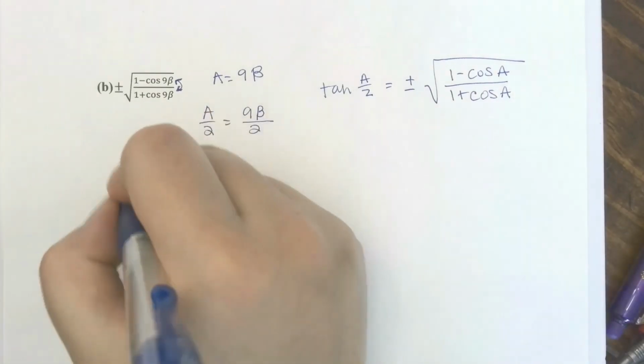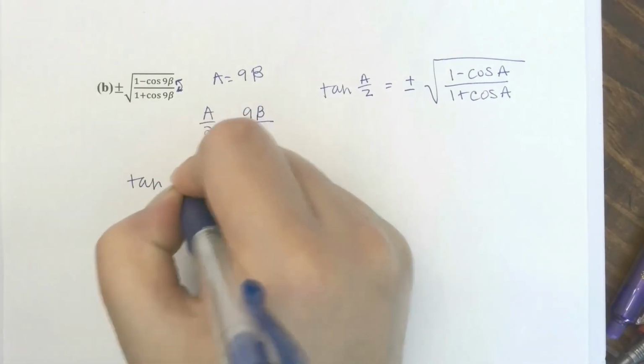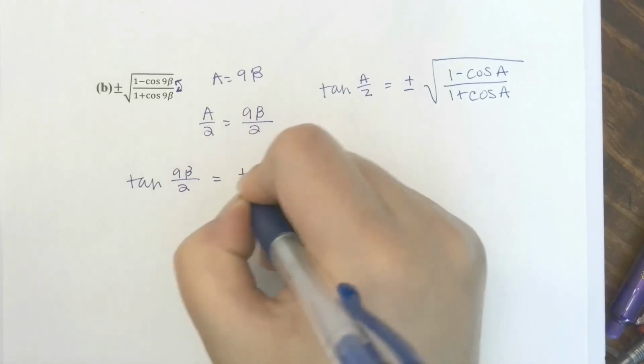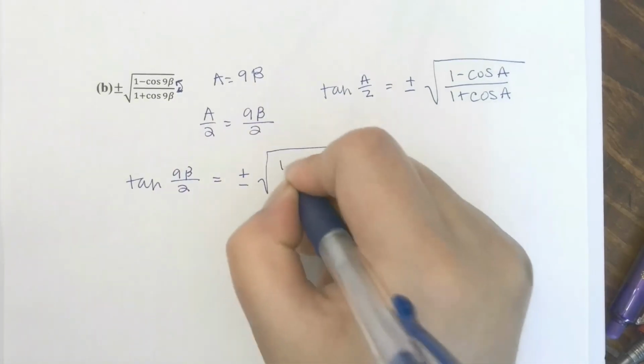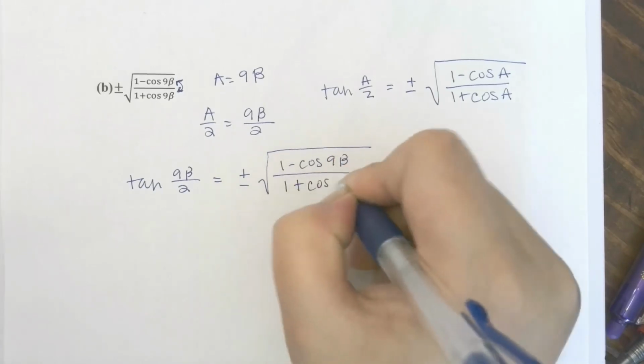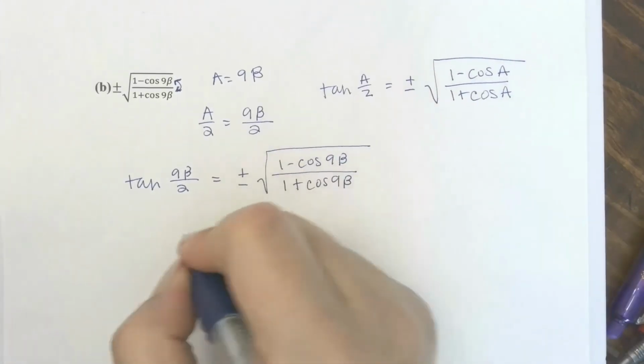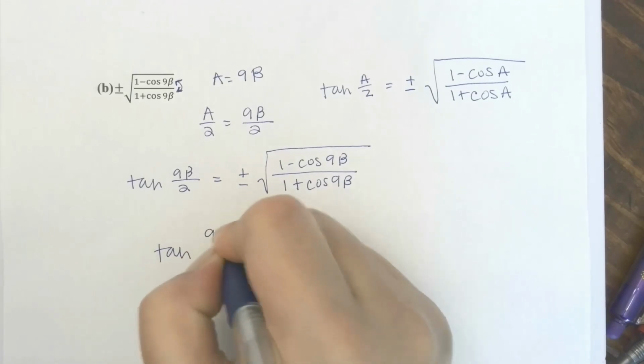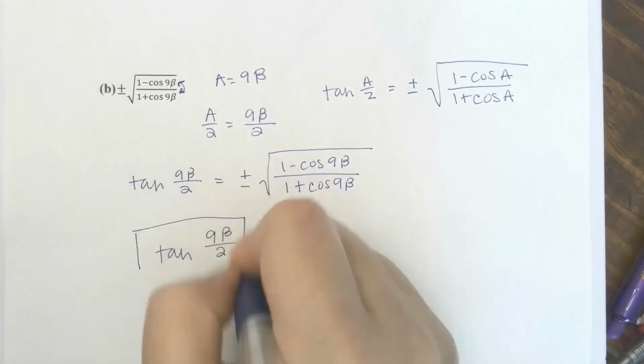So tangent of 9 beta over 2 is equal to plus or minus the square root of (1 minus cosine 9 beta) over (1 plus cosine 9 beta). So our answer here is tangent of 9 beta over 2.